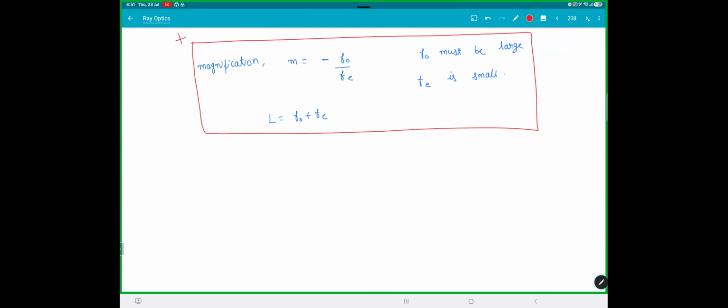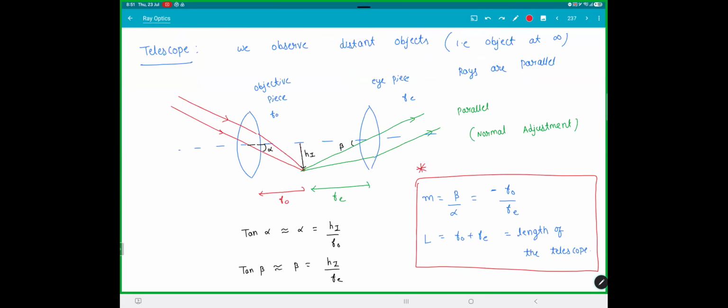This is the main thing you need to remember. But be clear with the process; a little understanding of the derivation helps. So rays are coming in parallel, rays are going out parallel, so they will meet at a point that is a common focus for both of them.